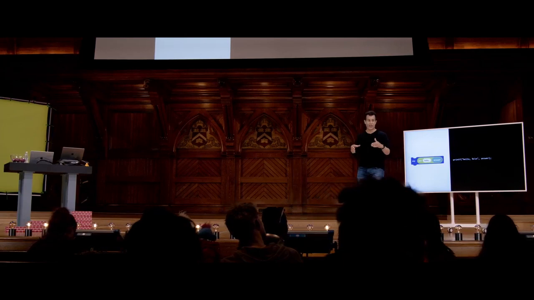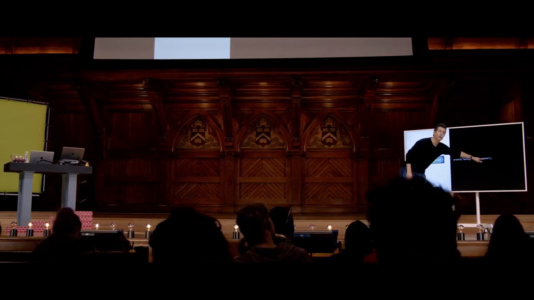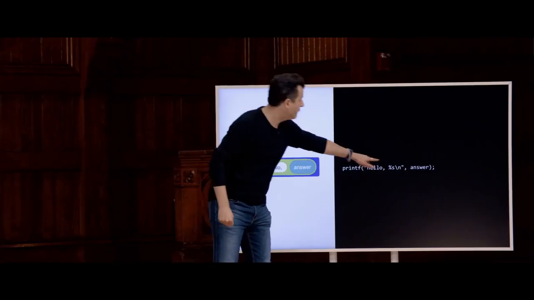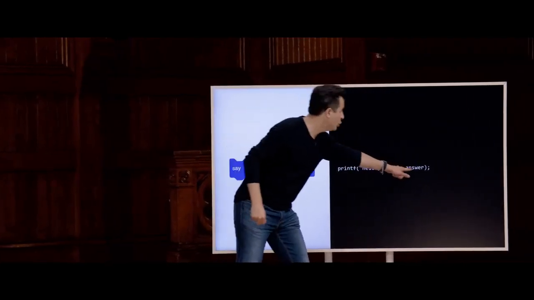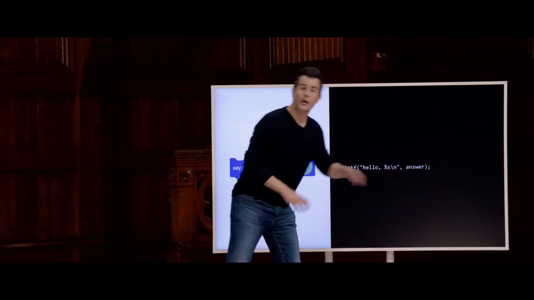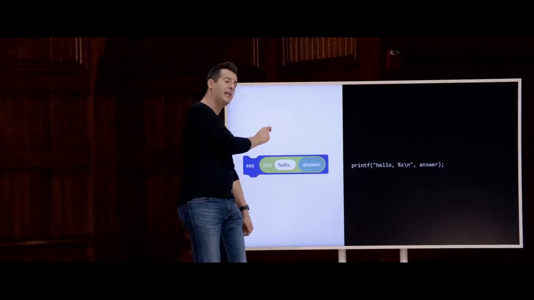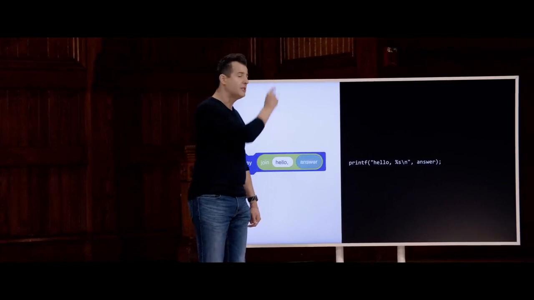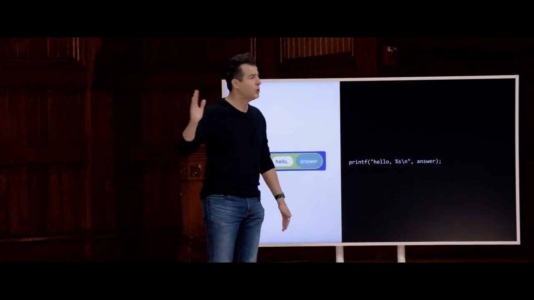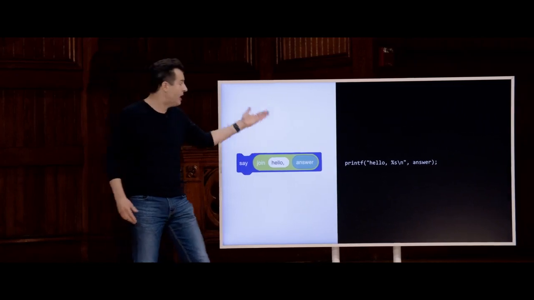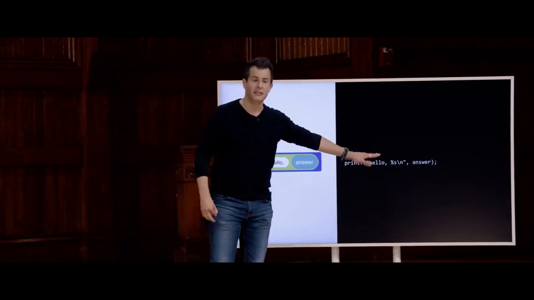If you have one %s and one additional argument after a comma, it plugs it in. If you have two %s's and two variables after the comma, that's okay too. If you separate them with commas, it'll plug the first variable into the first %s and the second variable into the second %s. So it's just left to right order of operations. It's not as pretty or as simple as this, but this is how it's done in C.